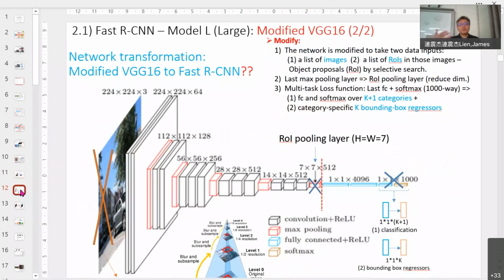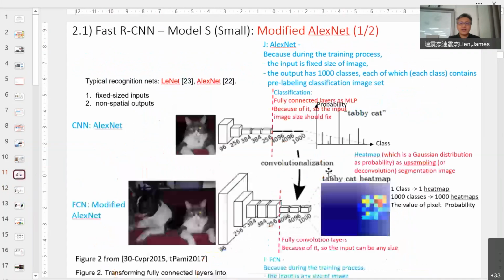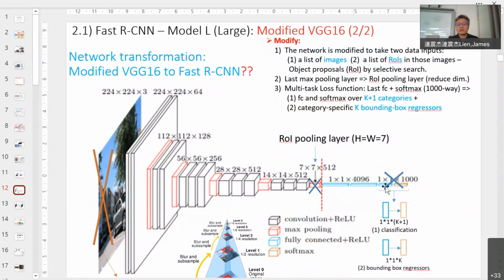Later on, people kept improving Fast R-CNN, using VGG instead of AlexNet, because this is for classification and VGG is better than AlexNet, so they got better results. Because the GPU was not so powerful, people used 5 downsampling steps with max pooling, and the output is 7 by 7.